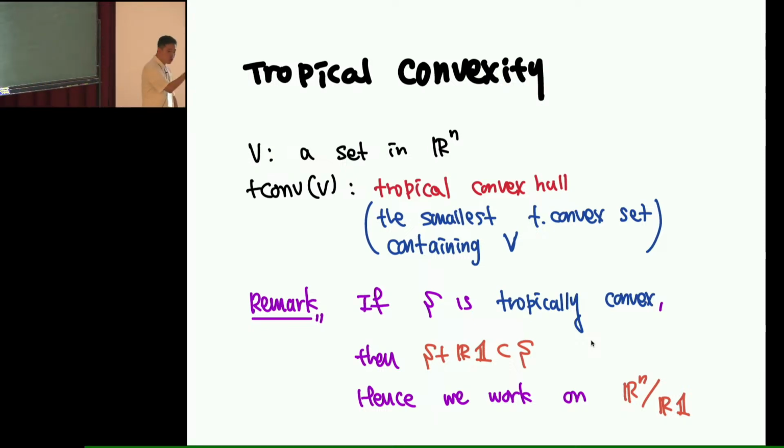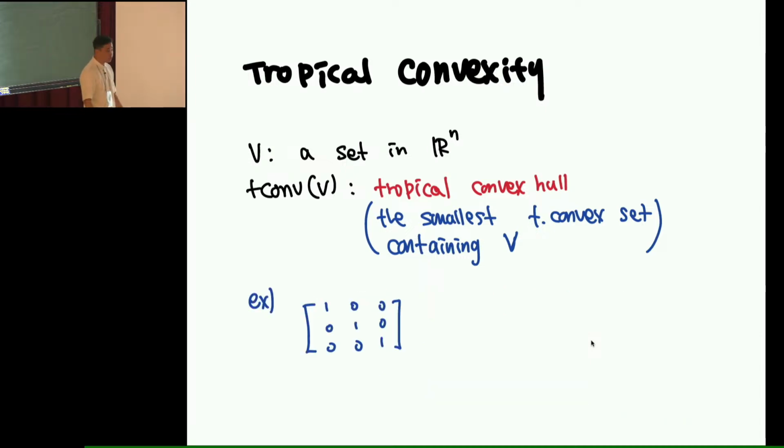So from this tropical convex setting, now I want to describe how we can describe this matrix combinatorially. Suppose that we have this matrix. We can say that this matrix is equivalent, because if you have 1, 0, 0, you can subtract the 1, 1, 1 vector, then you get 0, negative 1, negative 1.